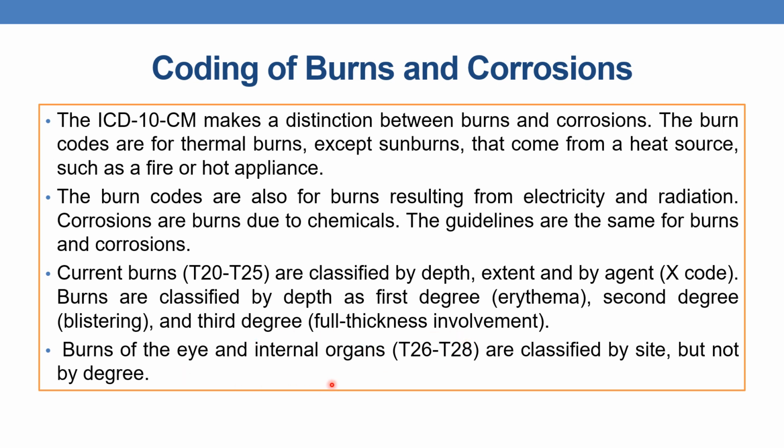And the burns of eyes and internal organs, which come under the category T26 to T28, are classified by site, not by degree. This is also an important point. Burns of eyes and other internal organs are classified by anatomical site, not by the degree.